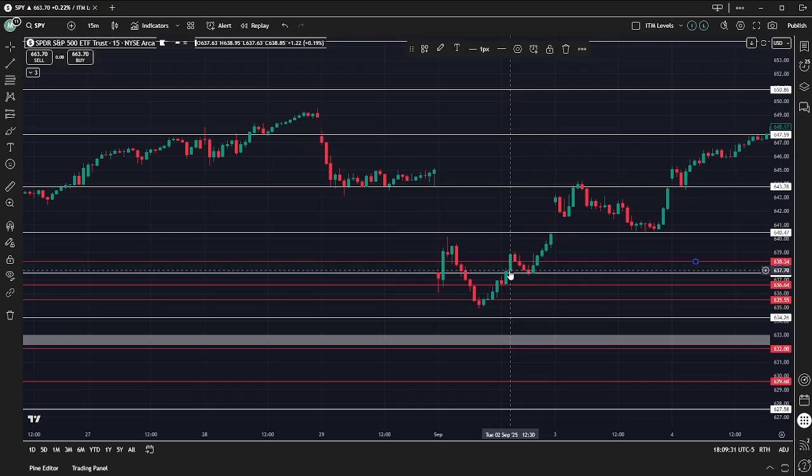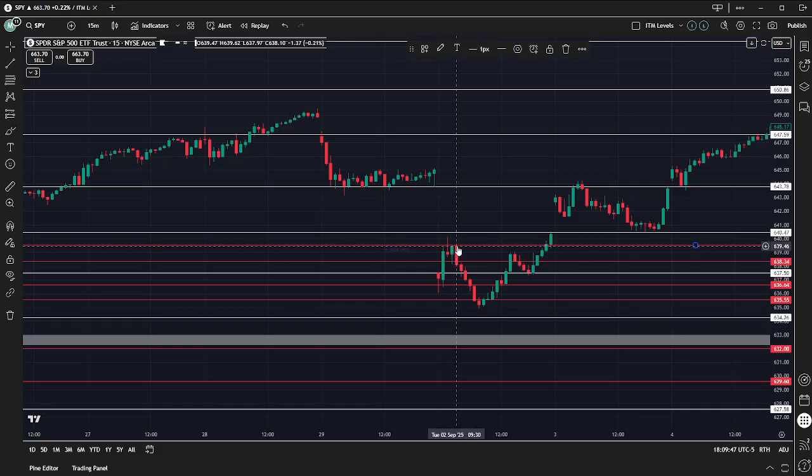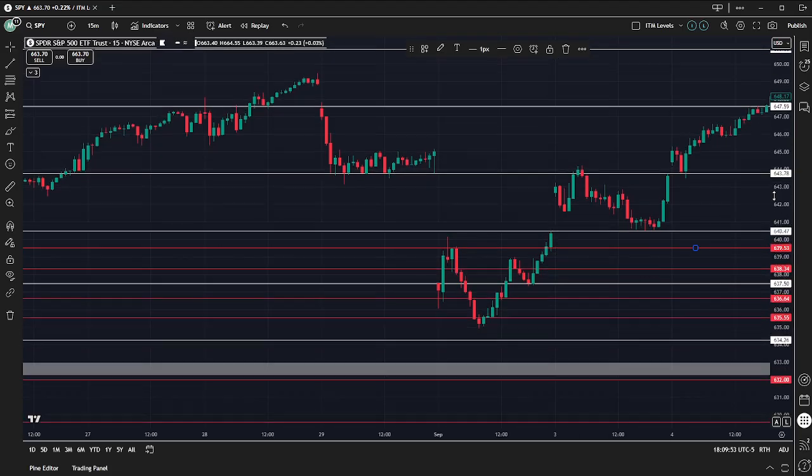We got the close above key pivot, pushed above key pivot and above demand, couldn't stay above demand. Got the retest of key pivot, pushed back above, close once again above demand zone, and pushed back into our supply zone, which in this case right here, we got the rejection of supply zone. Right here we close inside supply zone, giving us the retest of the key pivot right here.